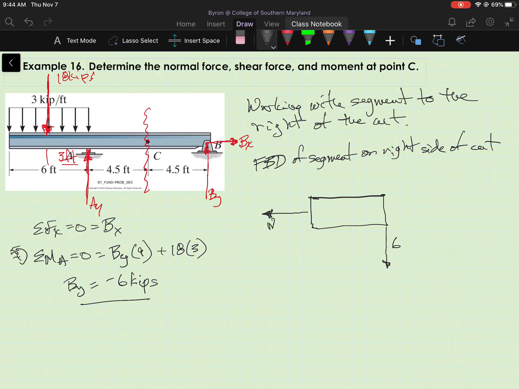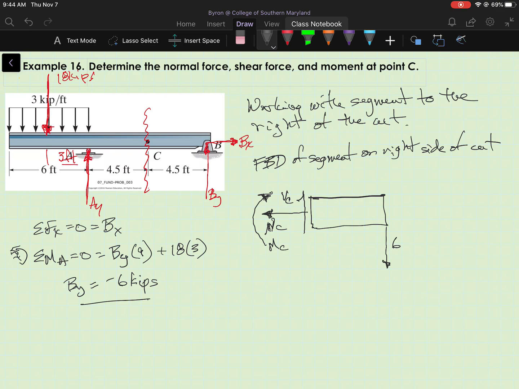I'll call that N sub C. I'm going to show an unknown shear force that tends to rotate the beam segment clockwise. And I'm going to show a bending moment, and I'll put it out here, that tries to bend the beam in a concave upward fashion.